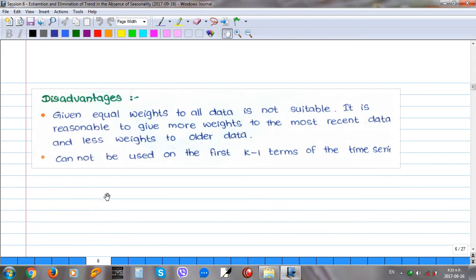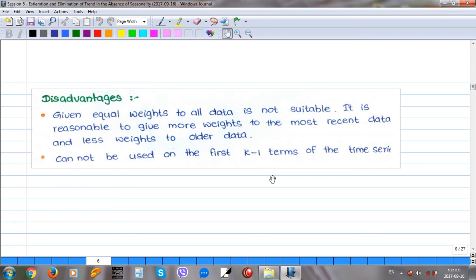The disadvantages are, first, that giving equal weights to all of the data is not suitable. It is reasonable to give more weight to the most recent data and less weight to the older data. Second, it cannot be used for the first k minus 1 terms of the time series. When you find moving averages, we can't use the first k minus 1 terms.